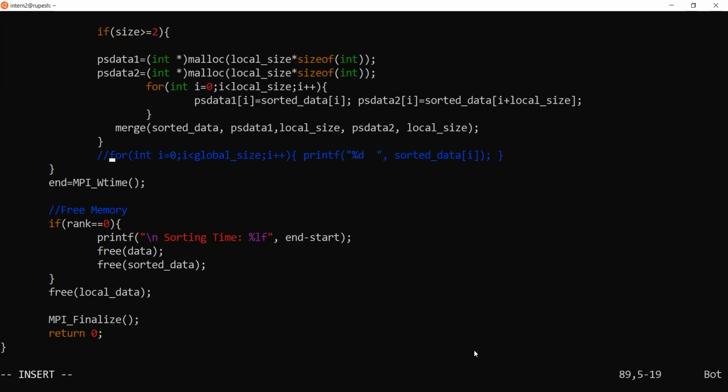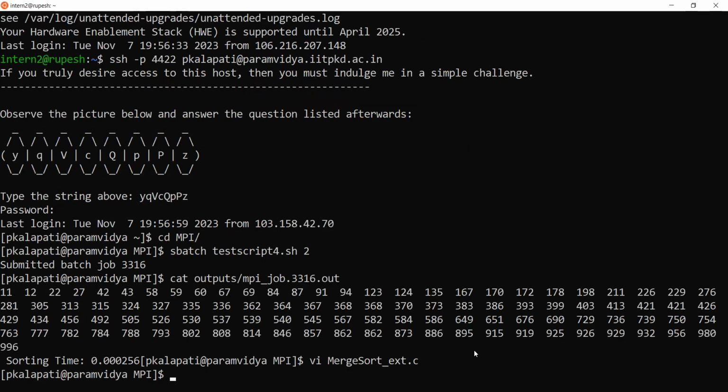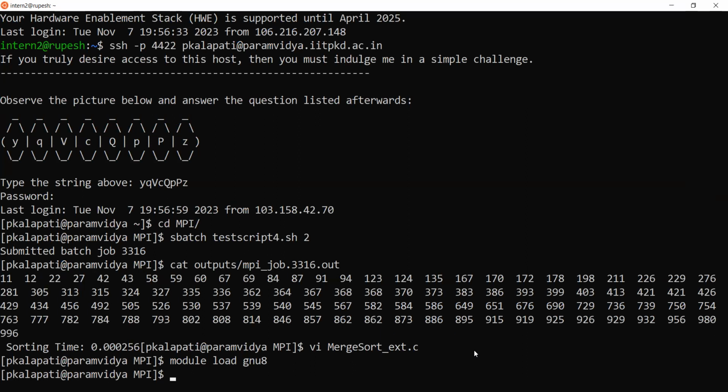I would like to comment this particular one out. When I comment that out, now I'm going to execute this one. How can I compile it? Module load GNU.